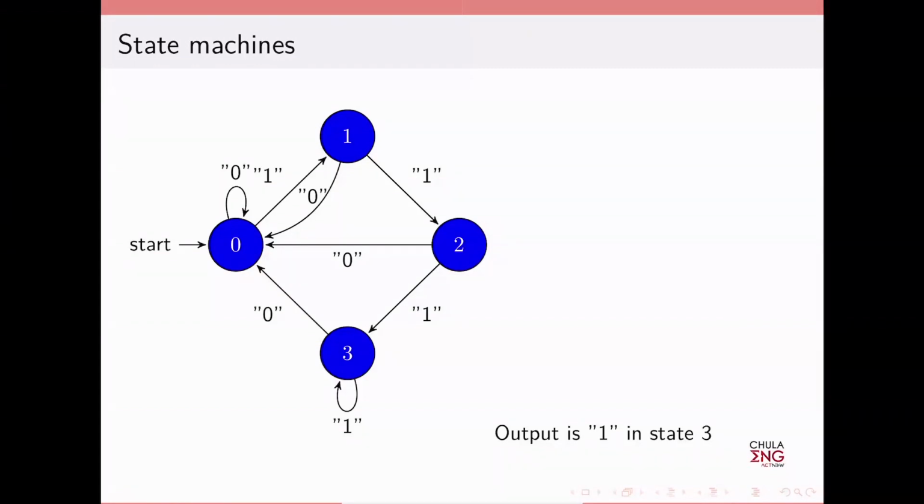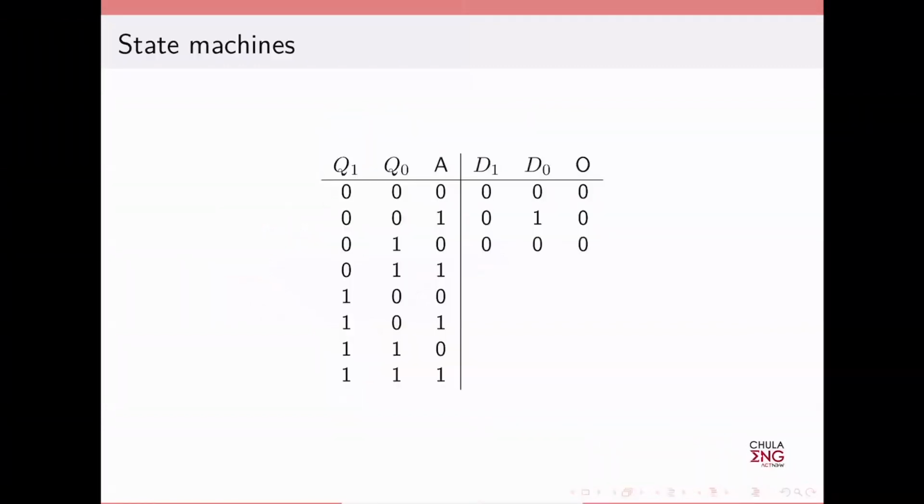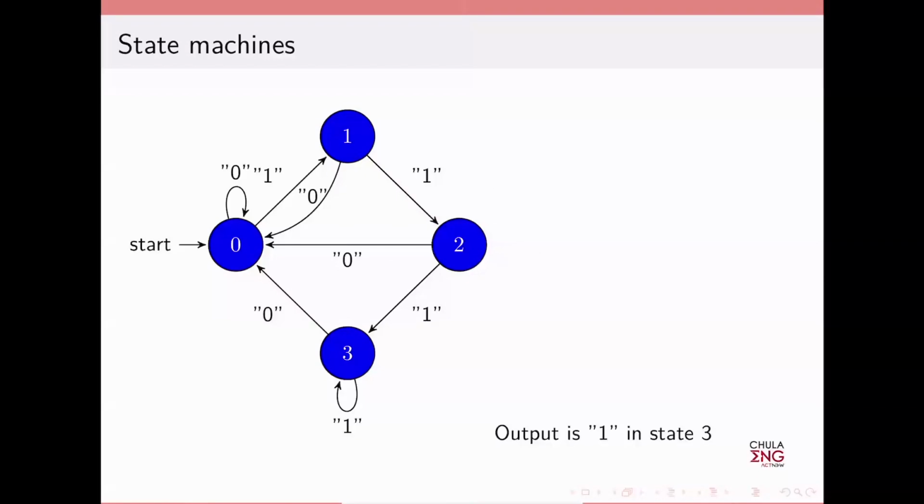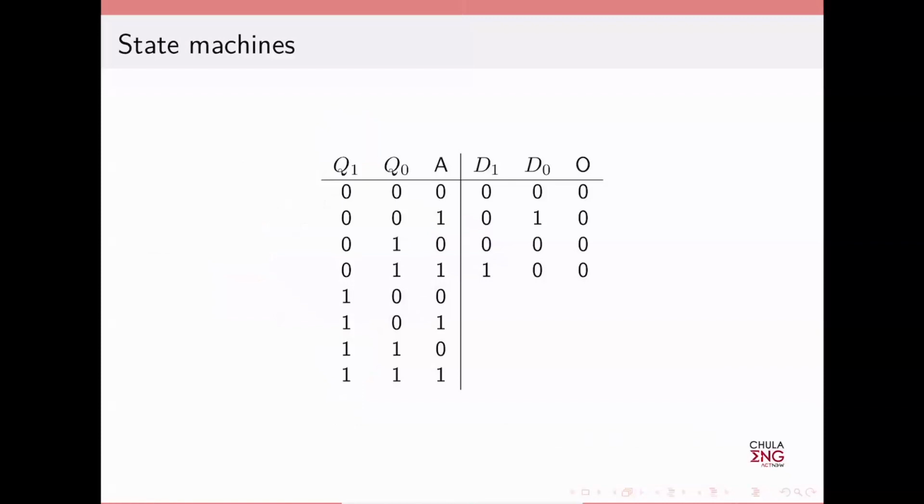This is an easy state machine because whenever you have 0, you go back to state 0, right? So whenever A is 0, you just go to state 0. So from 0, if your input A is 0, you go to 0, and the output is 0. Same for the rest.